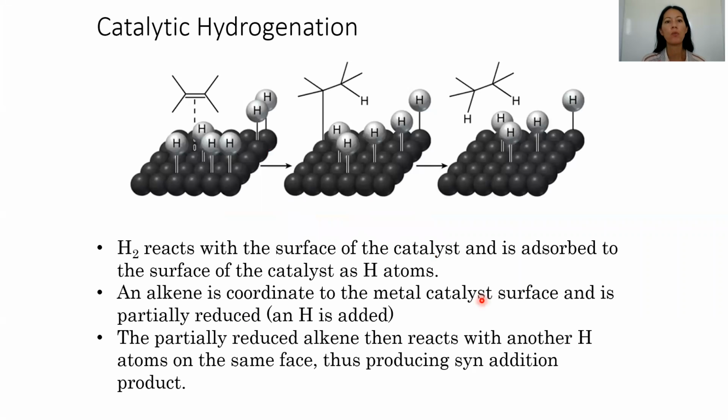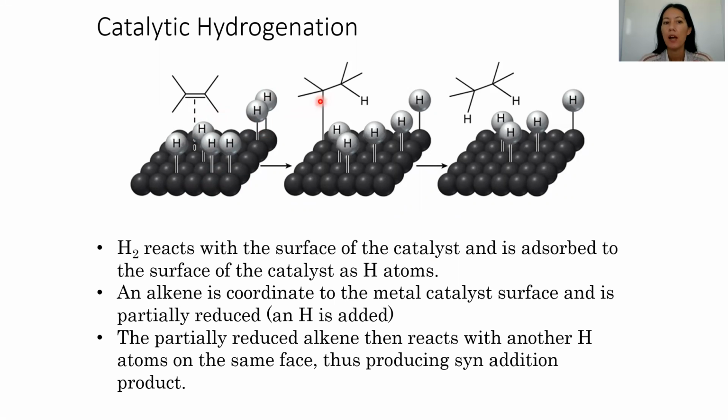How does that work for catalytic hydrogenation? The metal here, these balls represent atoms of the metal. And the reason why this helps the reaction go faster, or lowers the activation energy, is it makes it easier to reach the transition state. Here, you already have the hydrogen attached to the metal surface, and the metal surface can also pre-coordinate the alkene.